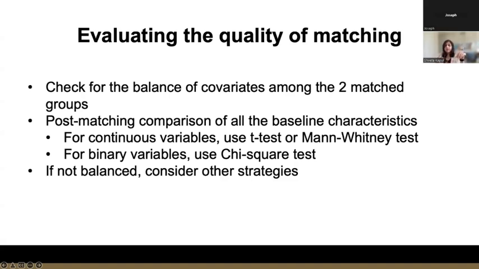And once you have achieved two groups that are balanced, you check them using different statistical tests. I've listed just a couple of them here. For post-matching comparison, for continuous variables, you might be able to use t-test or Mann-Whitney test. For binary variables, you might be able to use chi-square tests, etc.